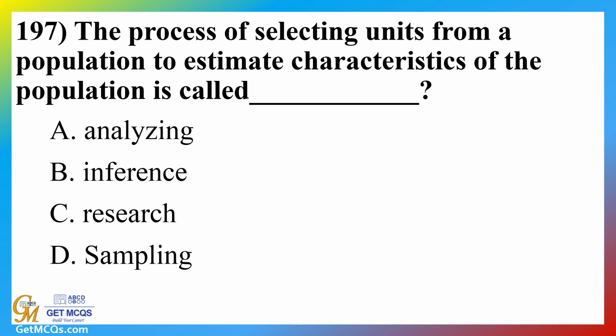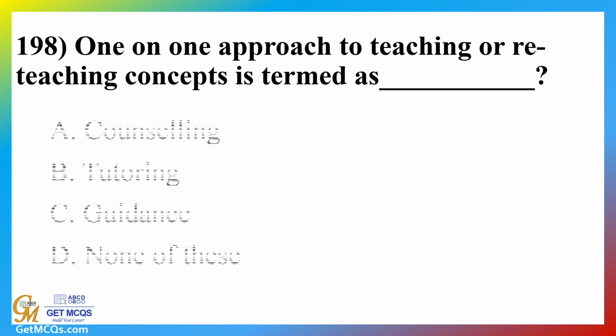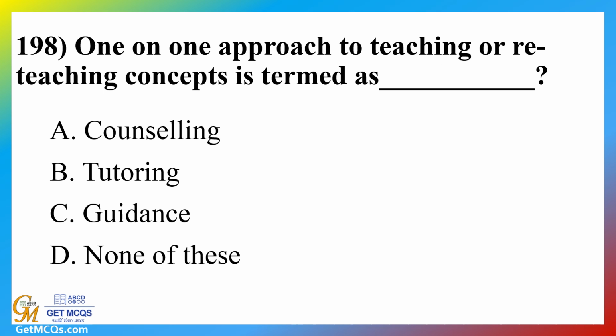197. The process of selecting units from a population to estimate characteristics of the population is called? Answer: D. Sampling. 198. One-on-one approach to teaching or reteaching concepts is termed as?